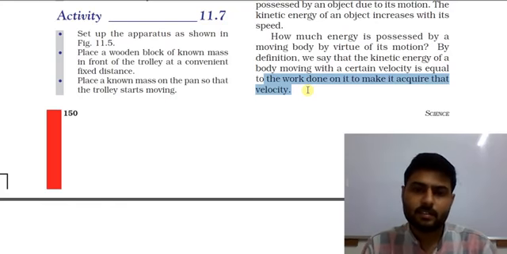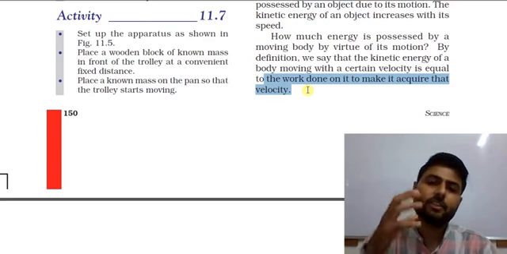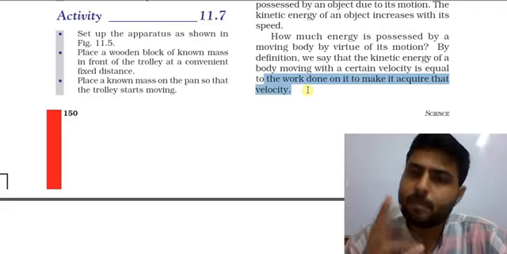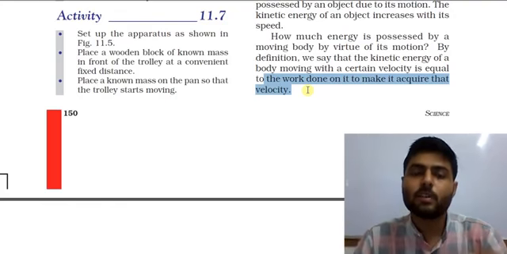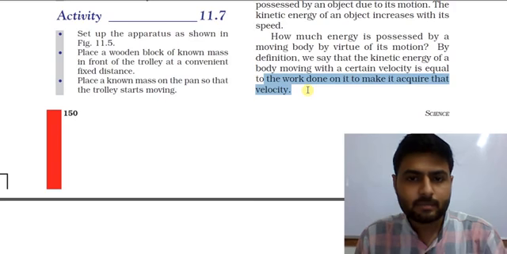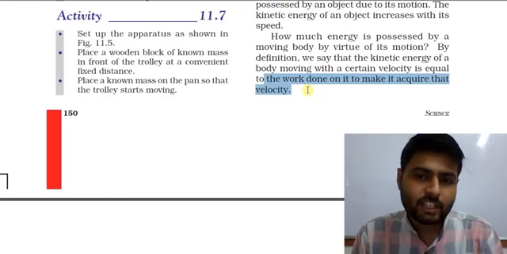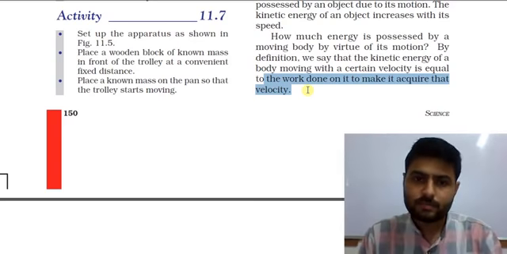Let's say a 5 kg wheel is moving with velocity 5 meter per second. Now if I want to know how much kinetic energy this wheel possesses, suppose at initial level this wheel is at rest.